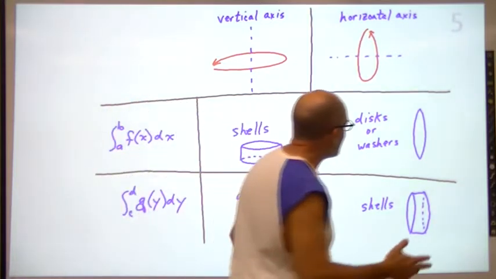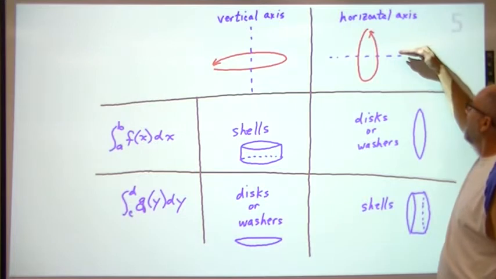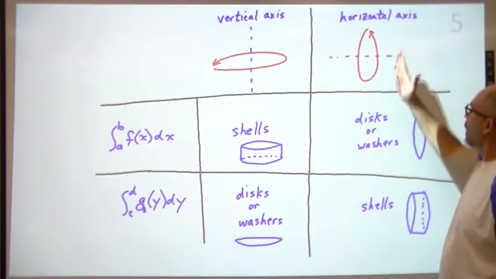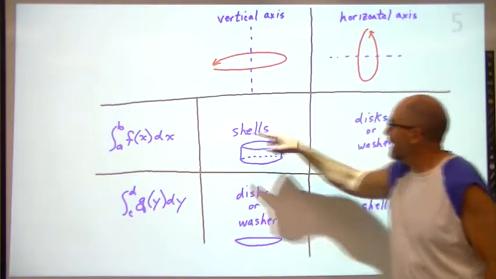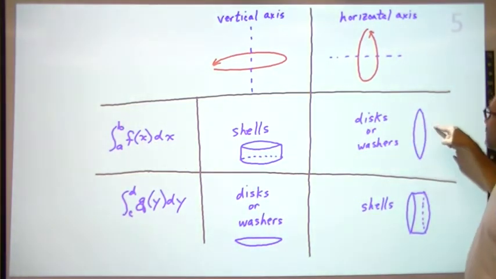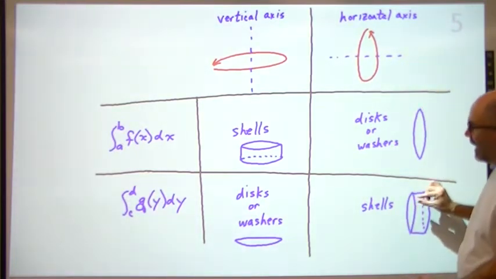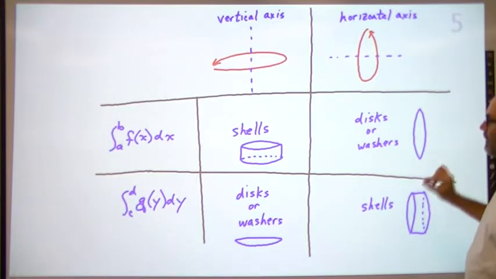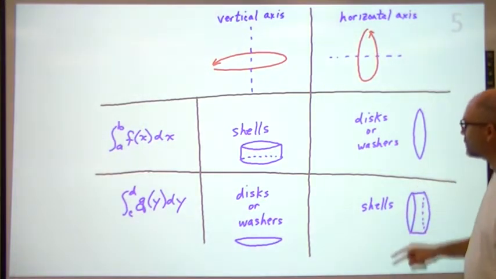Now, if you've got a horizontal axis, now the disks or washers will be dx thick, and so you want your equation to be in x's to do disks and washers. But your shells will be dy thick, and so if your function is in terms of y's and you can't change it, then you want to do shells.